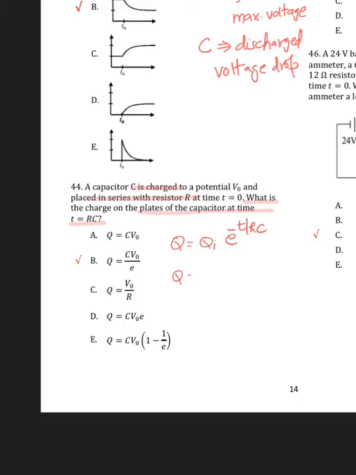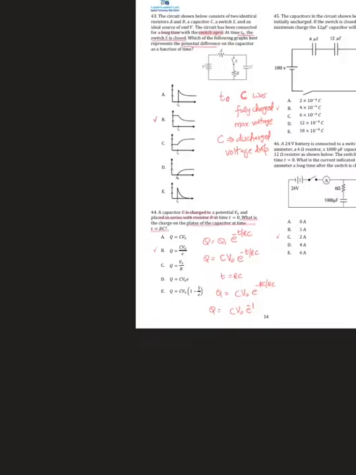It's asking for charge, so we write Q_I, the initial charge, which will be CV0, times e to the power of negative t over RC. We keep it as it is, and since t is equal to RC, we can replace t in the formula. So negative RC over RC, so that will be CV0 e to the power of negative 1, and that's option B.